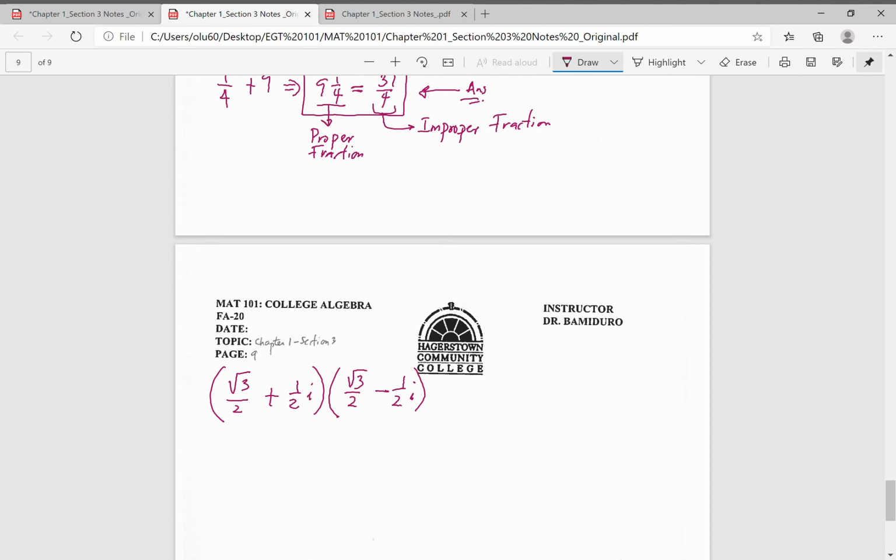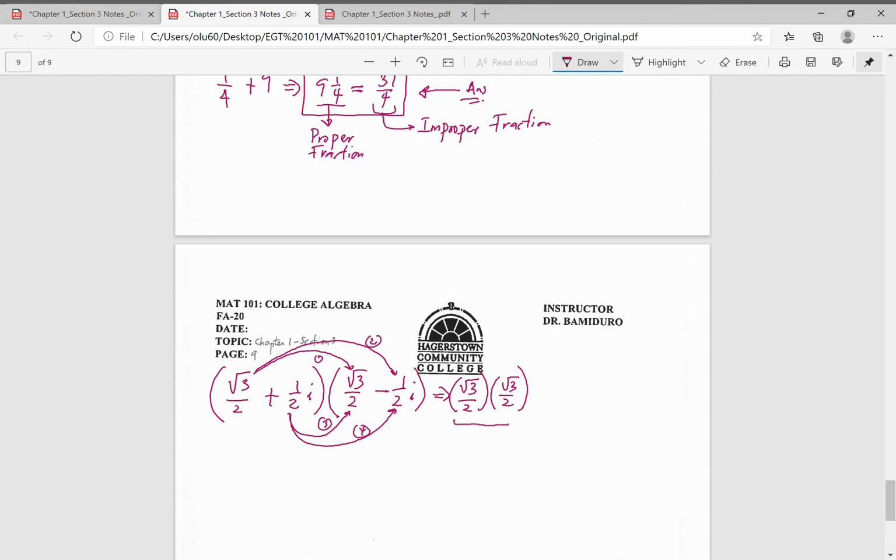So don't fret. Again we use FOIL, and it's going to be root 3 over 2 times root 3 over 2, right? So we go like this, then like this, then like this, and this is 1, 2, 3, 4. Okay?